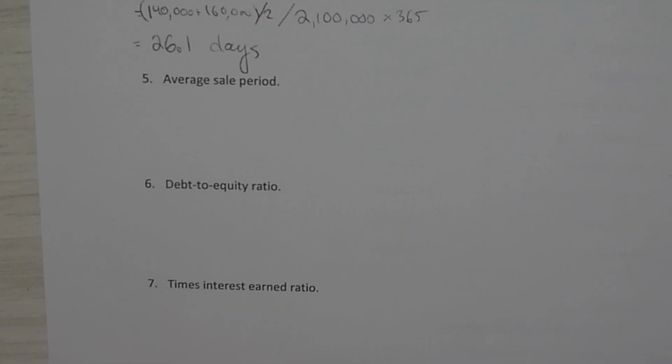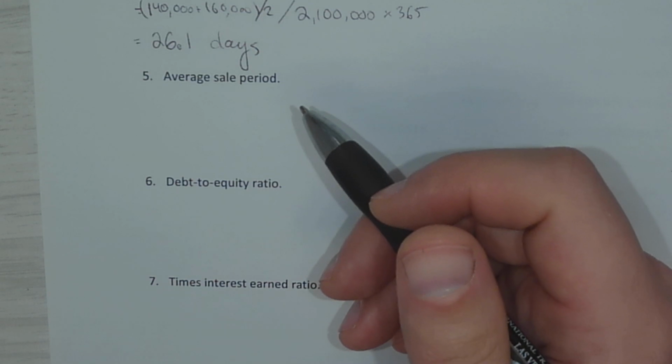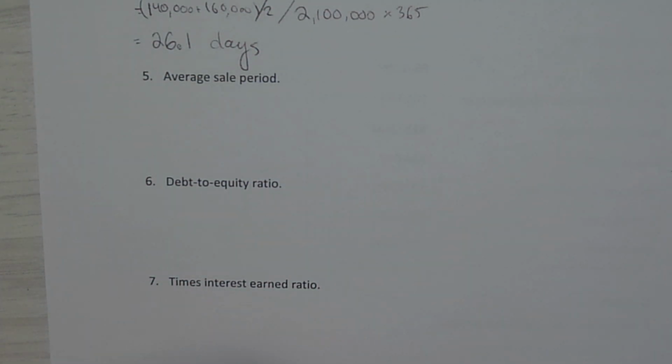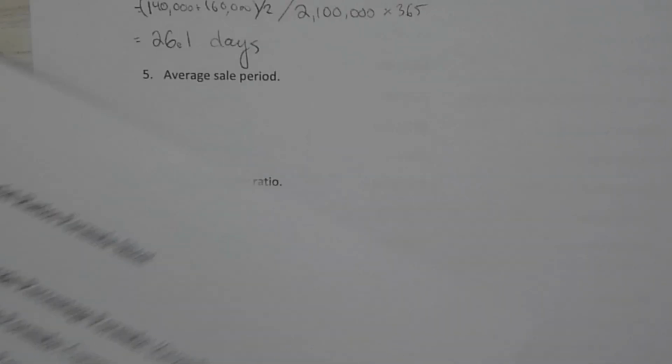Our average sales period is going to be very similar. Our average sales period formula is our average inventory divided by our cost of goods sold times 365.